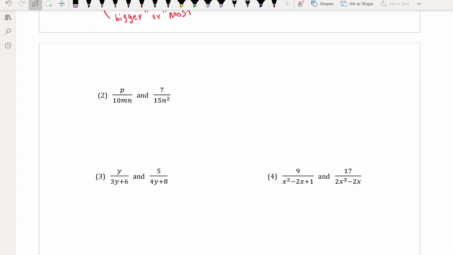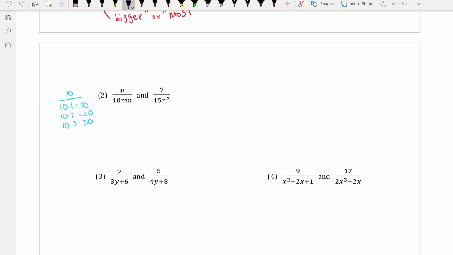So for number 2, we go on the same way. We just try to think of, first we deal with the numbers, and then we deal with the exponents. So let's see, I have 10 times 1, which is 10, 10 times 2, which is 20, 10 times 3, which is 30. And that is for my tens.